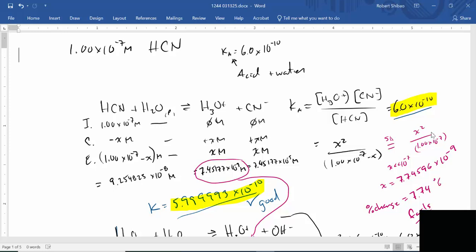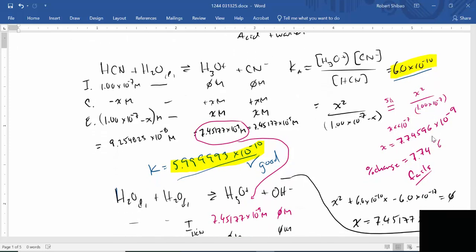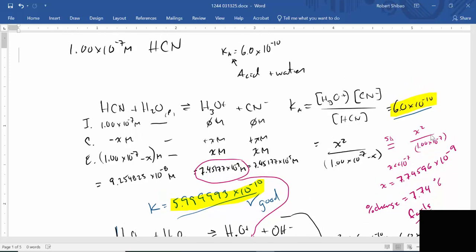Essentially the same. But the problem is this. The hydronium changed. This K value was calculated with this hydronium. But how much did the hydronium change? The hydronium changed more than 10-fold. We had a huge change in the hydronium concentration.